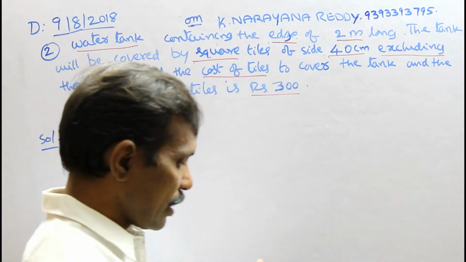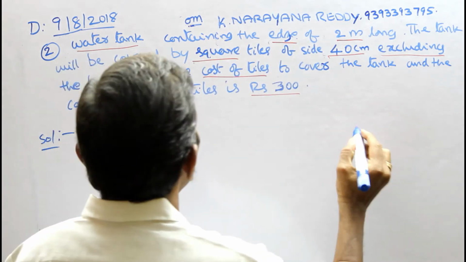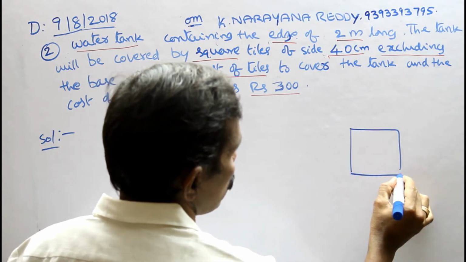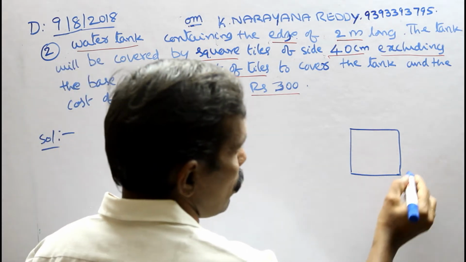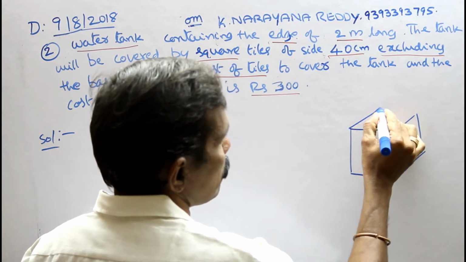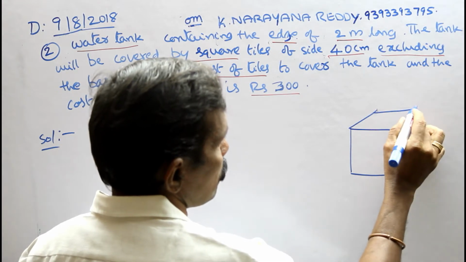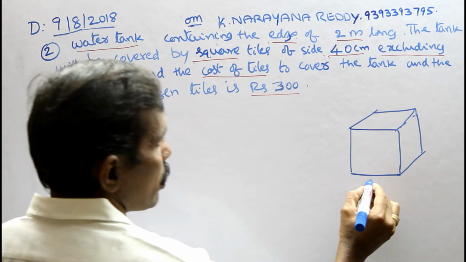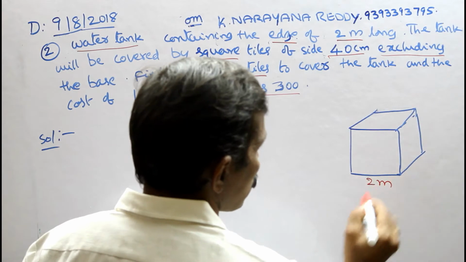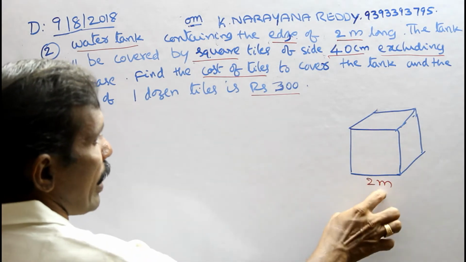So let us take the figure. What is known? Edge is 2 meter long. This edge of the cubical tank is 2 meter.